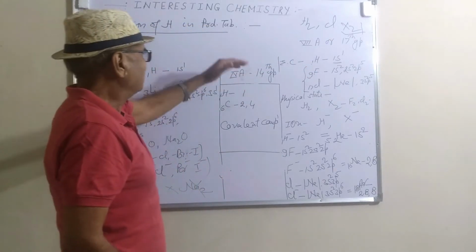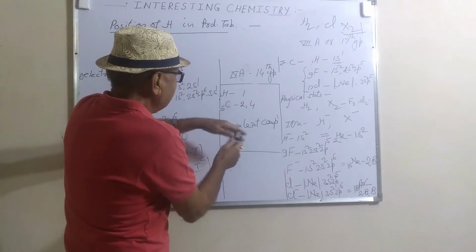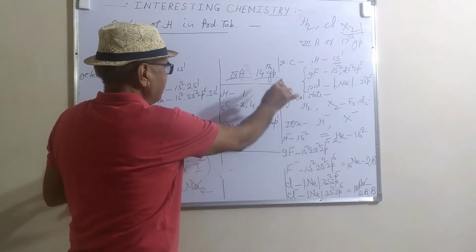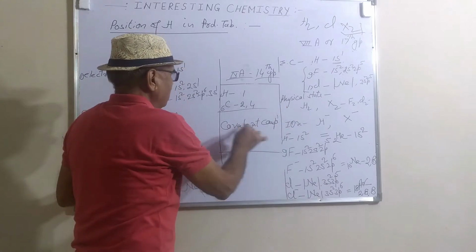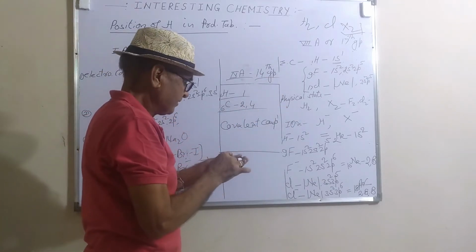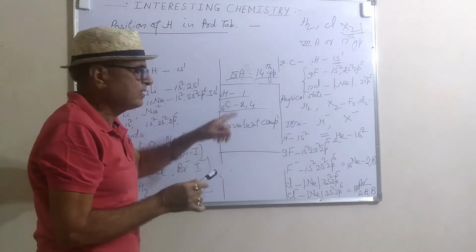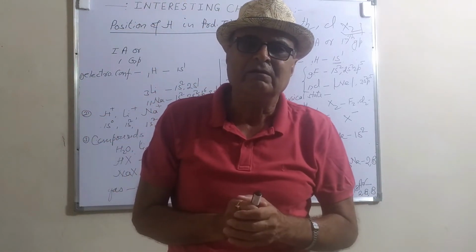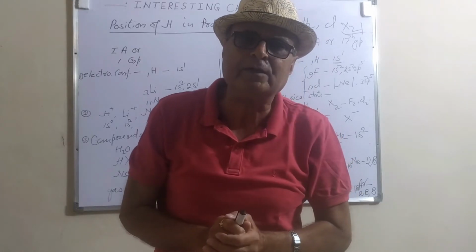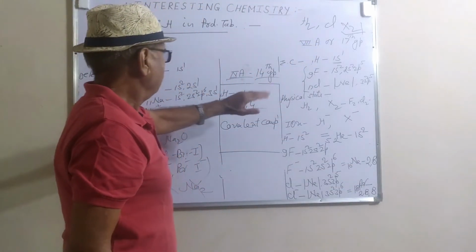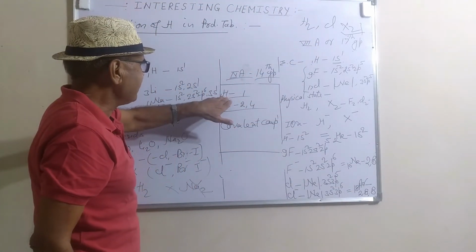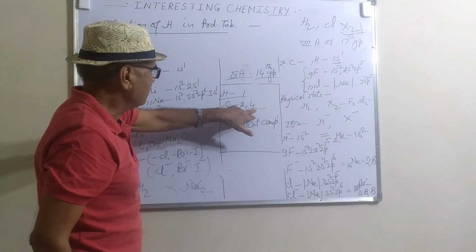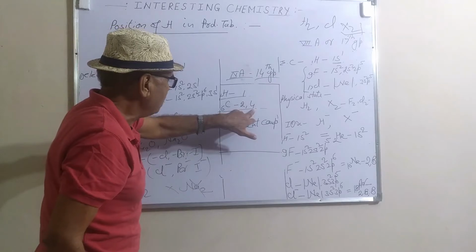Now find the similarity with the 4th group, the 14th group of the long periodic table. Carbon is 2,4, and this is hydrogen. I have written the electronic configuration according to the shell, according to the principal quantum number. In the first shell hydrogen has only one electron, and carbon in its valence shell has 4 electrons.